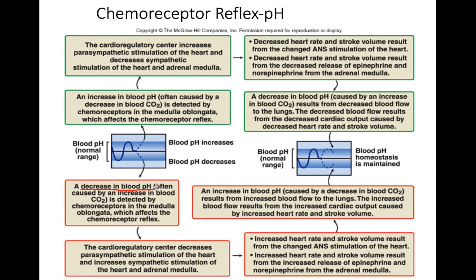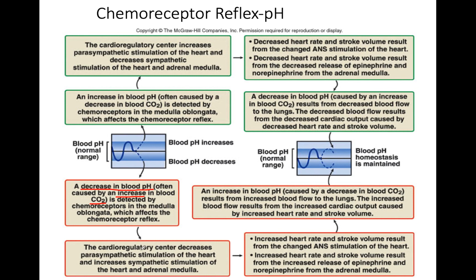If your blood pH drops, it's usually because you have too much CO2 in your system. So chemoreceptors will sense this increased acidity in your blood. And they'll say, hey, there's a lot of acid in the blood. This must mean there's a lot of carbon dioxide in the blood. And if you have a lot of CO2 in your blood, what gas do you not have in your blood? Probably don't have that much oxygen.